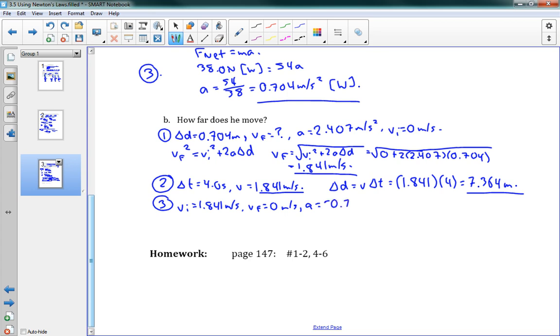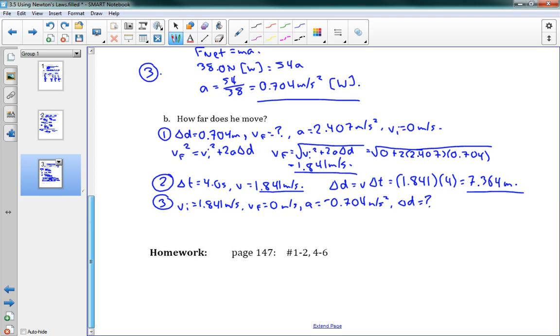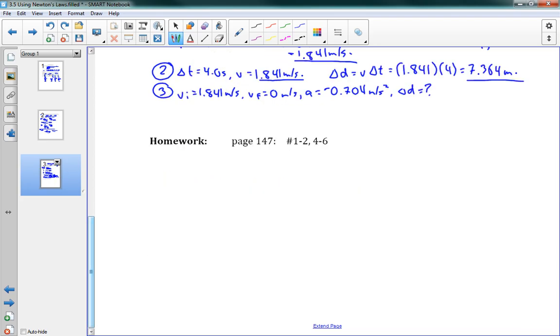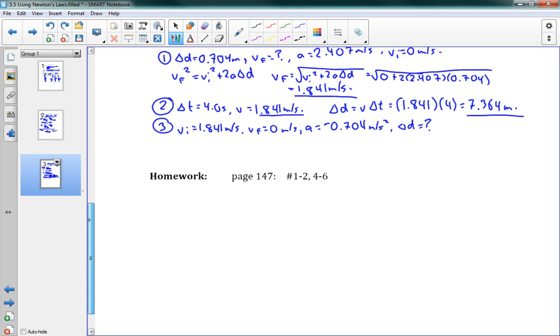Negative 0.704. And we want to find delta D. We'll use the same equation as before. So we'll use Vf squared equals Vi squared plus 2a delta D.